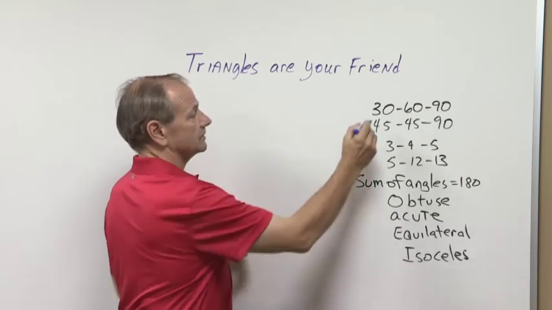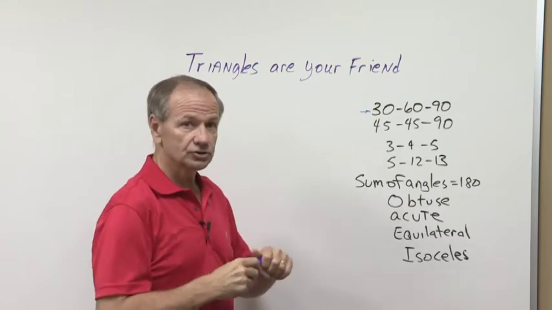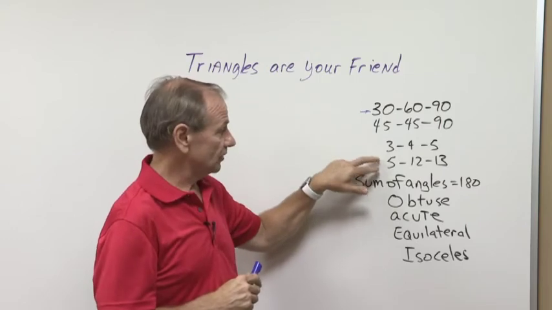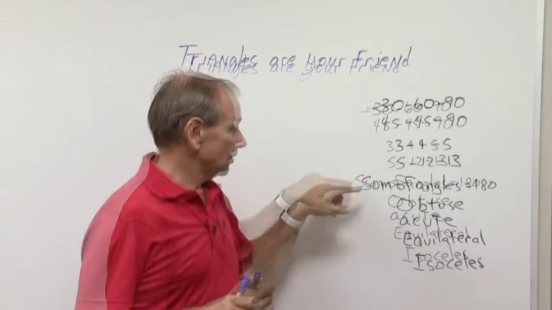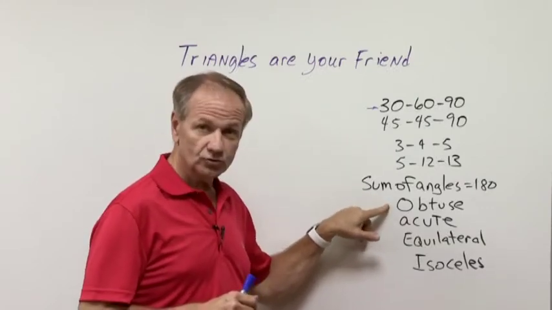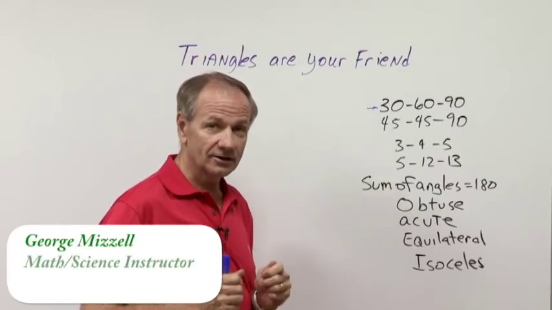First of all, the ACT has 30-60-90 triangles, and we'll go over all these in just a minute. 45-45-90, 3-4-5, and 5-12-13. These are two of the Pythagorean triple triangles. The sum of the angles is 180 degrees. An obtuse triangle means that one angle is greater than 90 degrees.